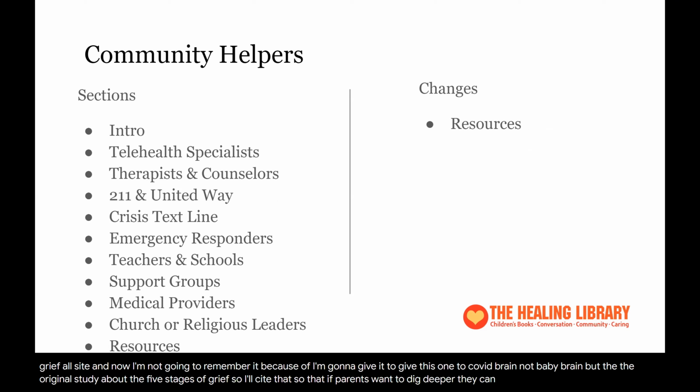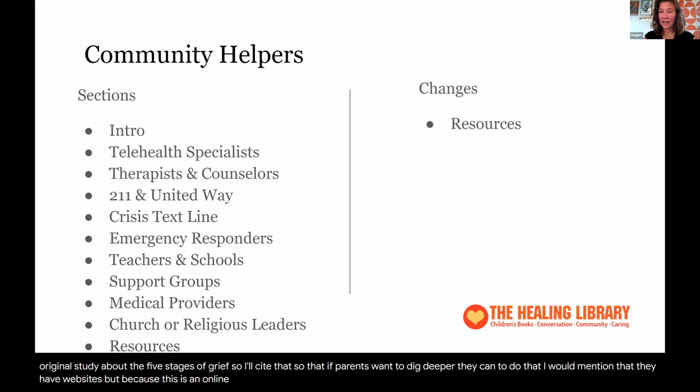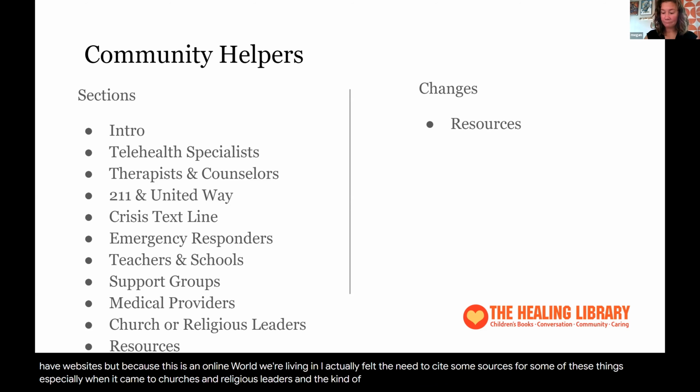Generally in community helpers, I wouldn't have to do that. I would mention that they have websites, but because this is an online world we're living in, I felt the need to cite some sources, especially when it came to churches and religious leaders and the kind of services they were offering at the time.